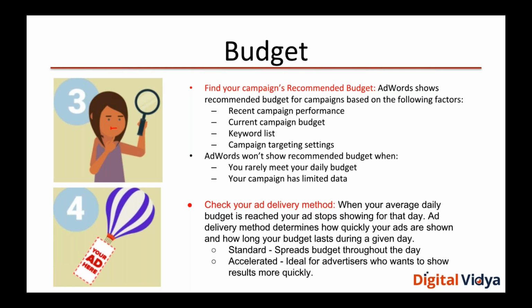If I select accelerated delivery, which is something we do very rarely, maybe during a very time sensitive campaign where your budget doesn't matter beyond a short time, in that case you will choose accelerated delivery and your budget will be spent ASAP.